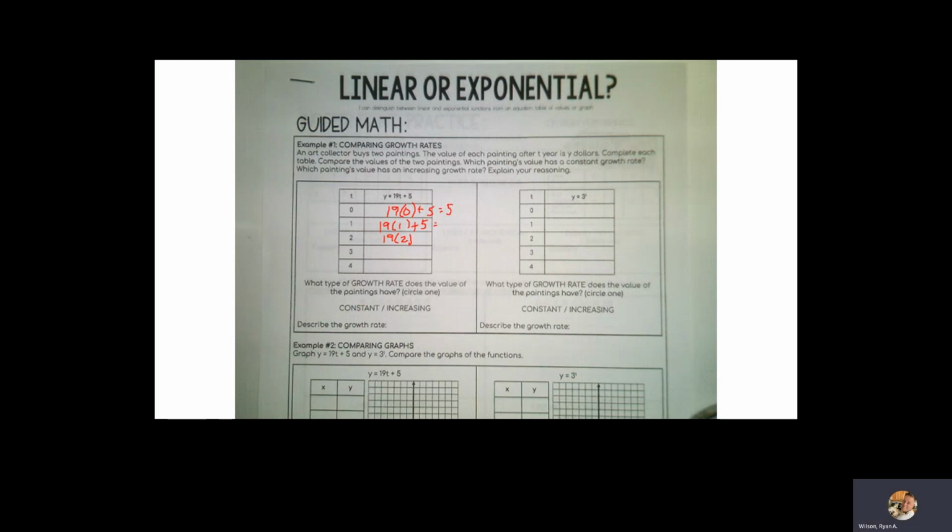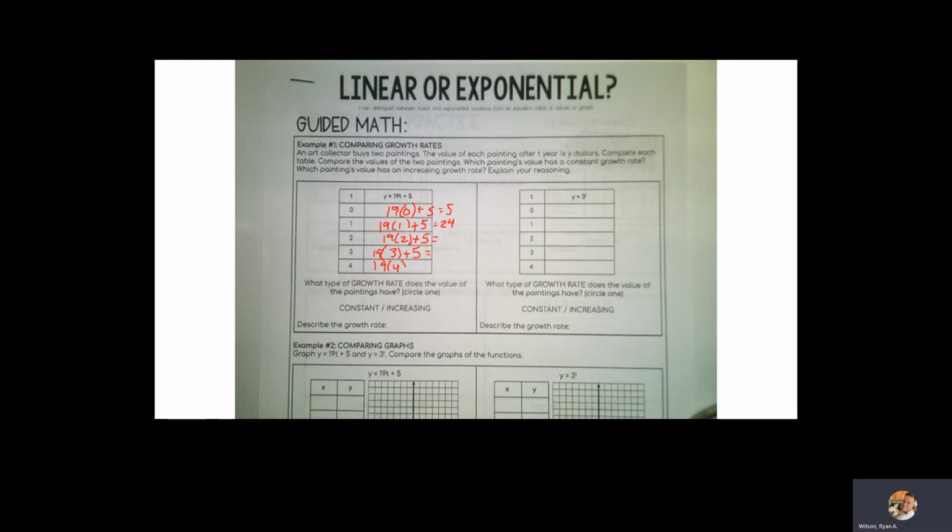And then 19 times 1? Yes, then plus 5? 24. Okay? Somebody other than Isaiah, tell me what you got for your answer for year 2. What's 19 times 2?